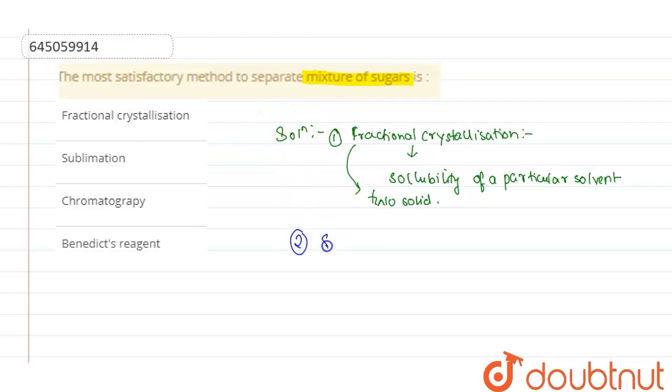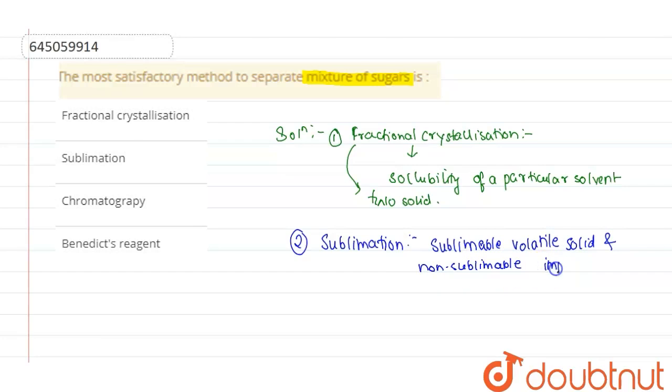Sublimation is the second one. Sublimation is the process where a sublimable, volatile solid and a non-sublimable impurity are separated.